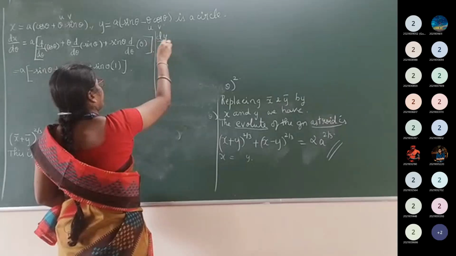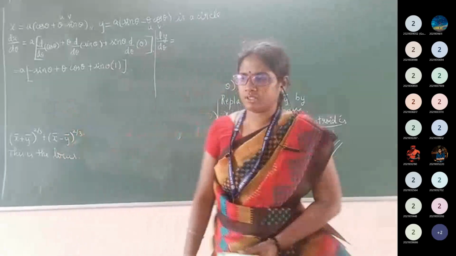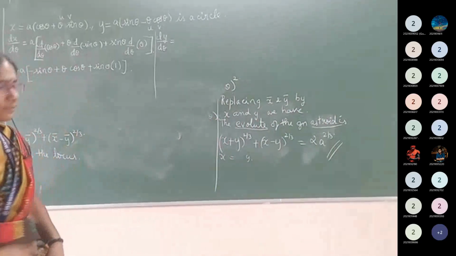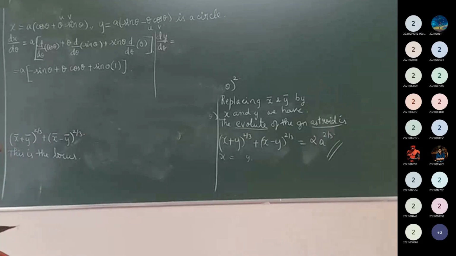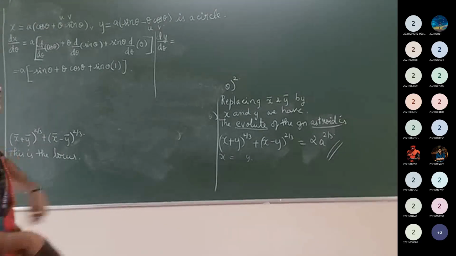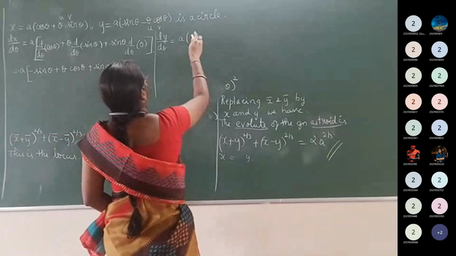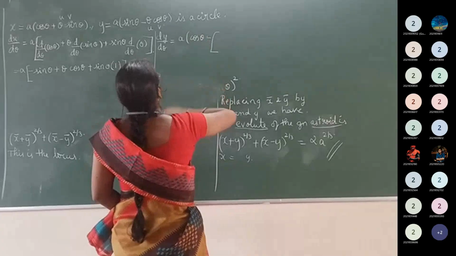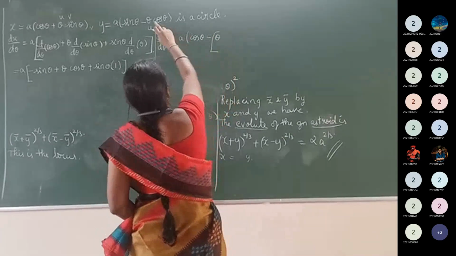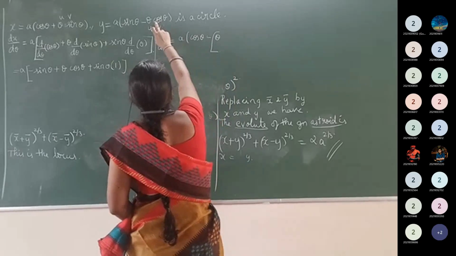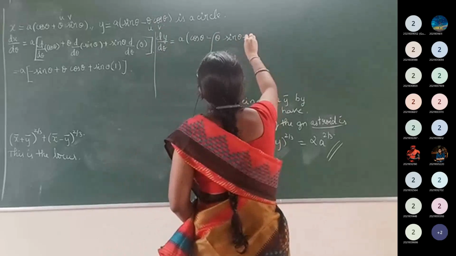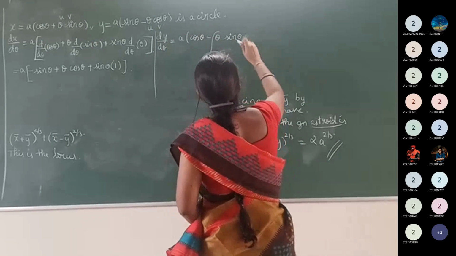Now tell me, what is dy by d theta? A into cos theta minus the bracket of cos theta plus theta sin theta differentiated.